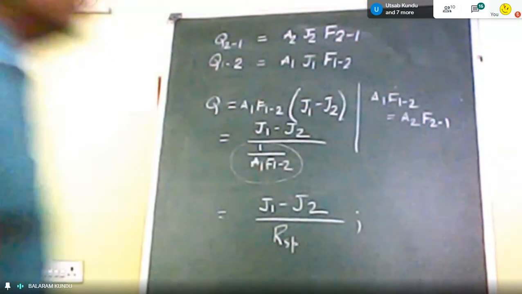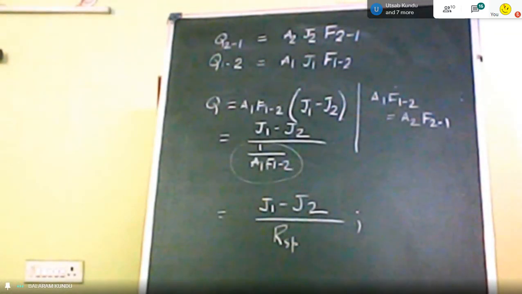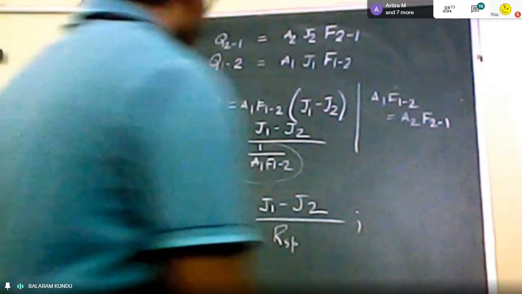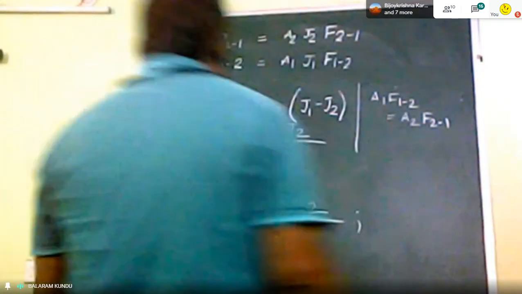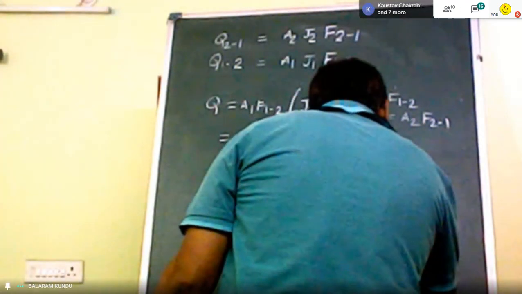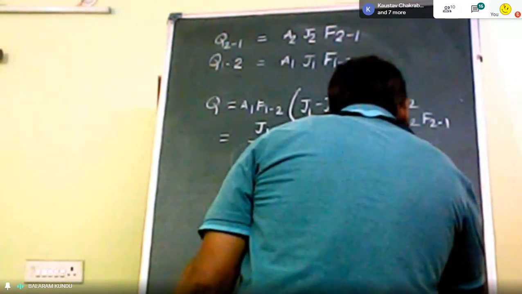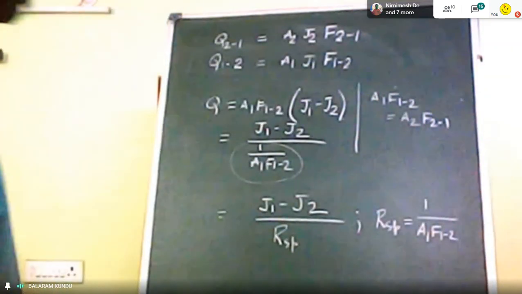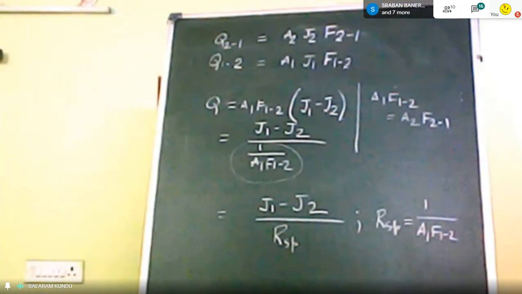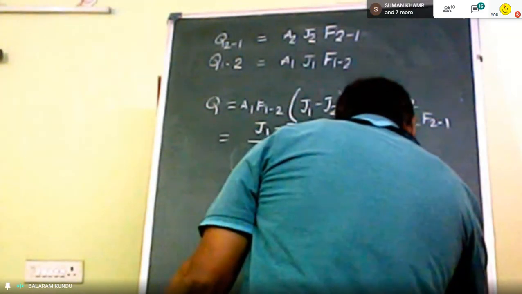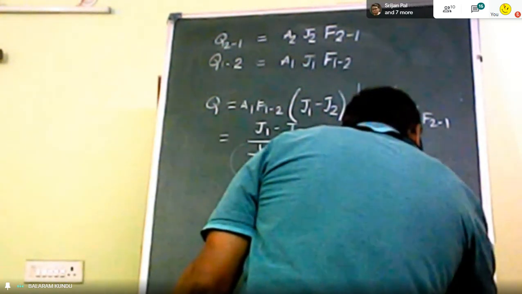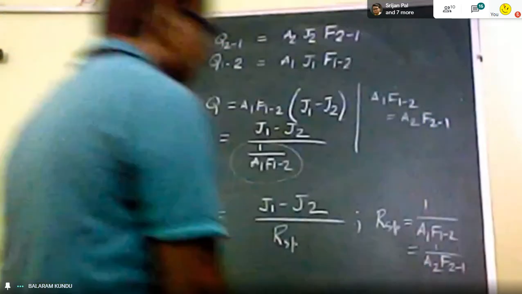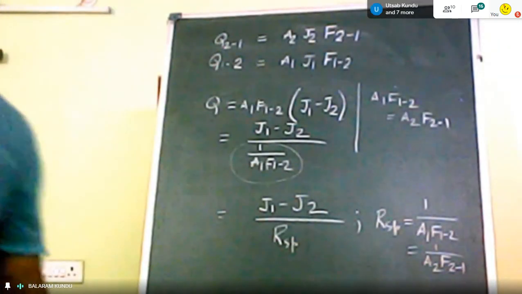So the denominator part represents the space resistance. That should be equal to 1 by A1 F12. Or from the reciprocity relationship, this space resistance equals 1 by A2 into view factor F21.